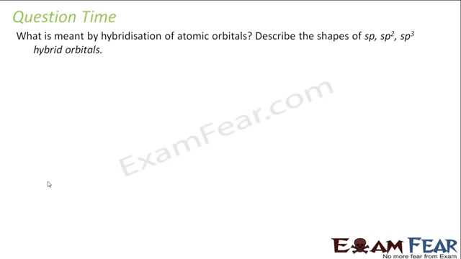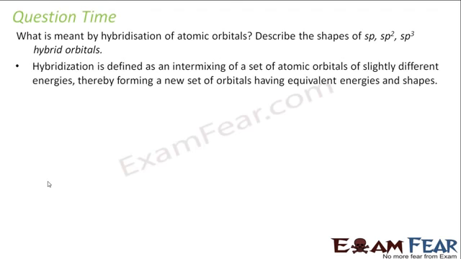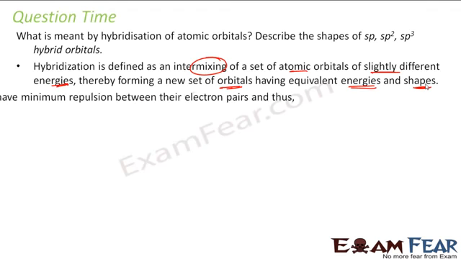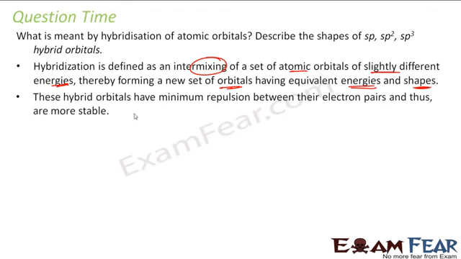What is meant by hybridization? Describe the shapes of sp, sp2 and sp3 hybrid orbitals. Hybridization is nothing but intermixing of atomic orbitals of slightly different energies, forming a new set of orbitals of the same energy and shape, right? And the hybrid orbitals have minimum repulsion between the electron pairs and thus are more stable.